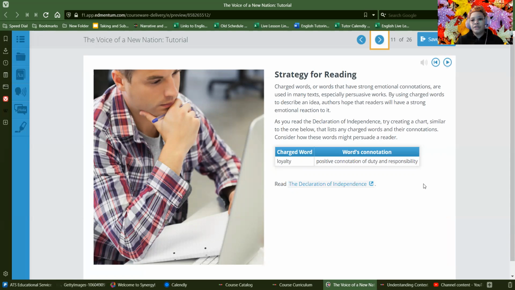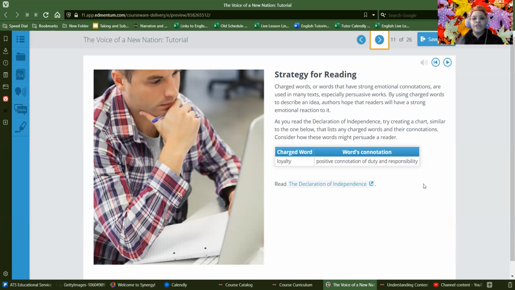So for the Declaration of Independence, they start you off with the first word of a table, if you were to make something like that. And they show you that the charged word is loyalty. And then they give you the word's connotation. So not the denotation. The denotation is the dictionary definition. Denotation and dictionary both start with D. I always remember connotation because connotation and connection start with C. So they give you the word's connotation.